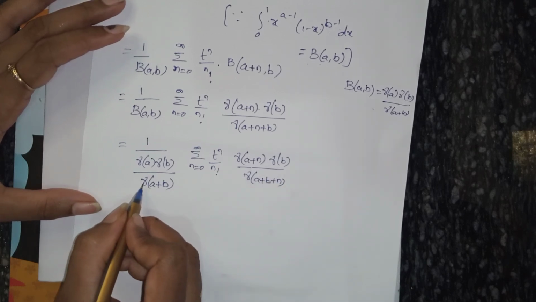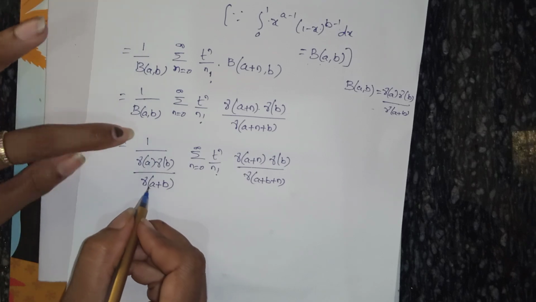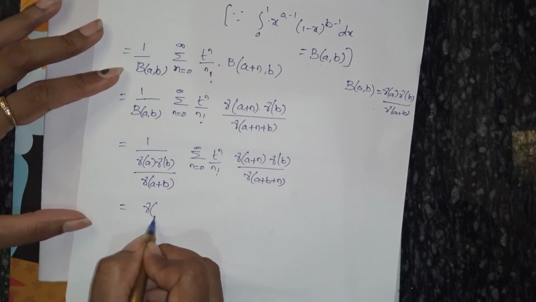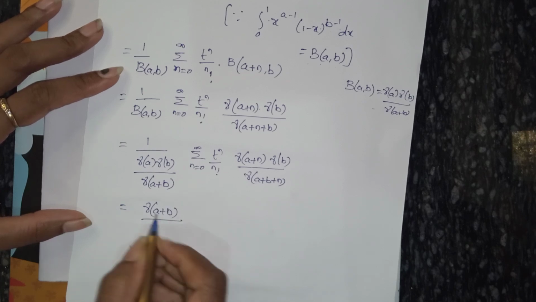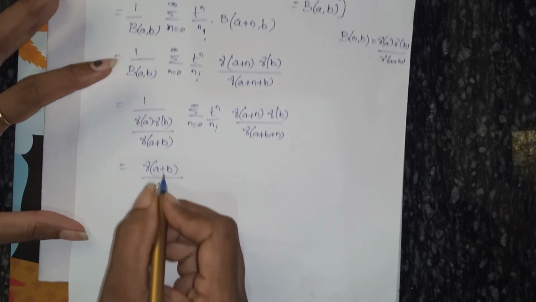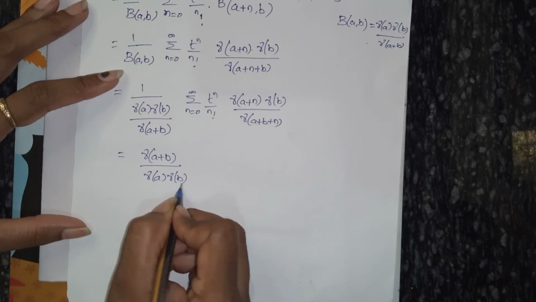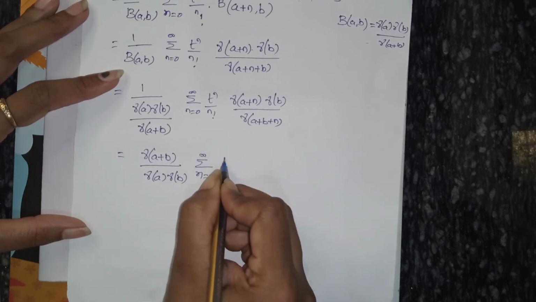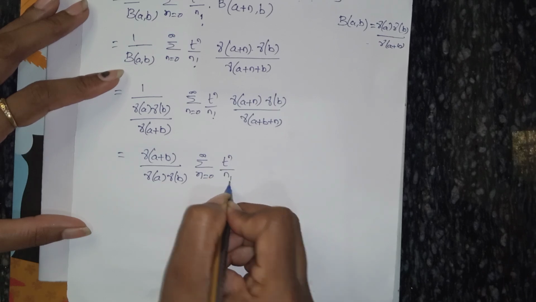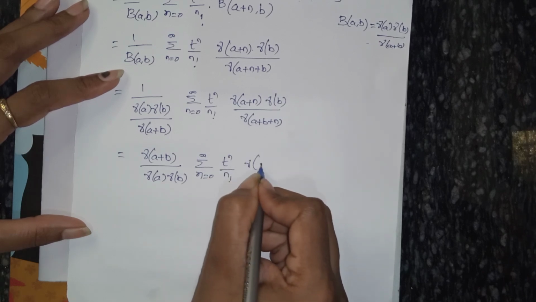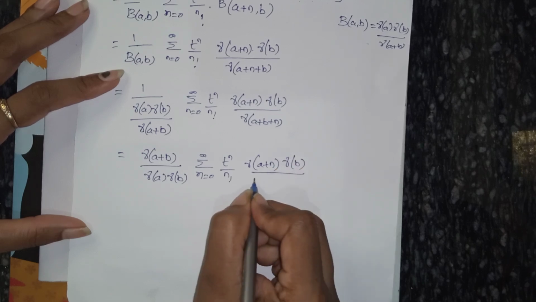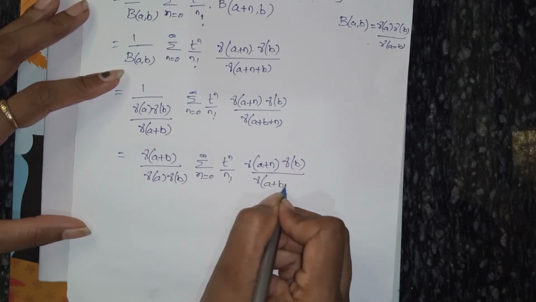This denominator will go to the numerator, reciprocal. That means gamma of A plus B by gamma of A into gamma of B, summation n equals 0 to infinity t power n by n factorial gamma of A plus n into gamma of B by gamma of A plus B plus n.